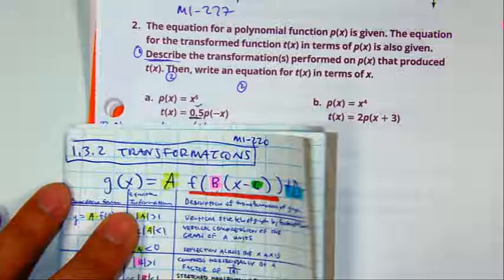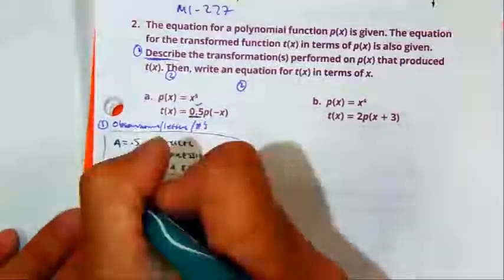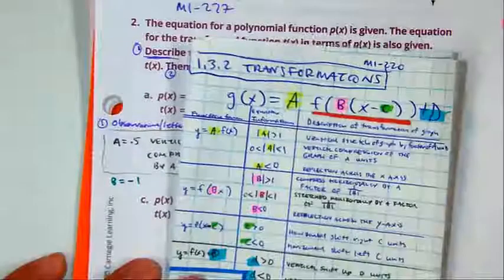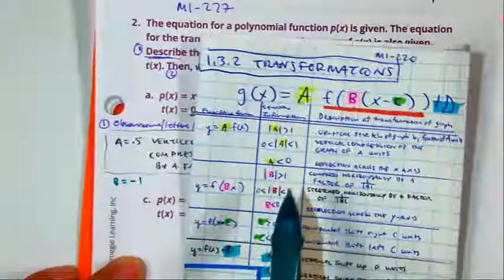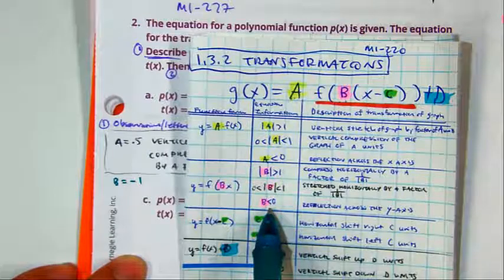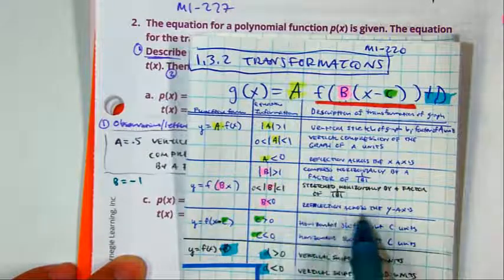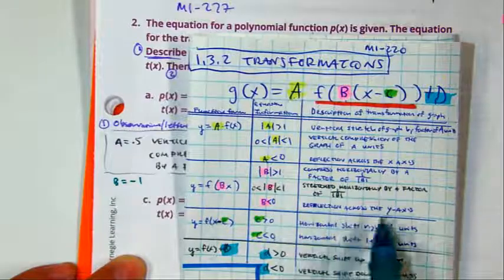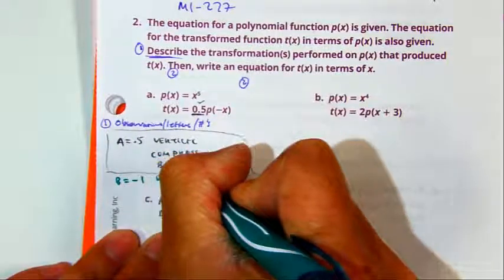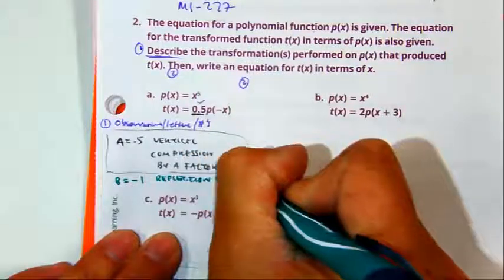Okay, so I have a B value that equals -1. David, if B is -1, is that greater than 1, between 0 and 1, or less than 0? Correct. So what does it tell us? Yeah, we're going to have a reflection over the y-axis.